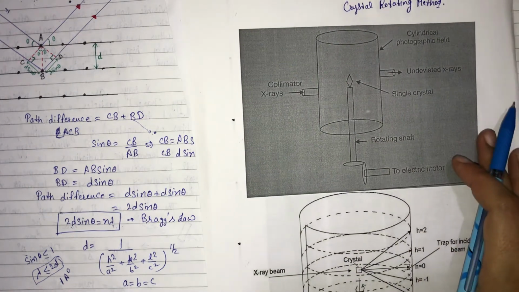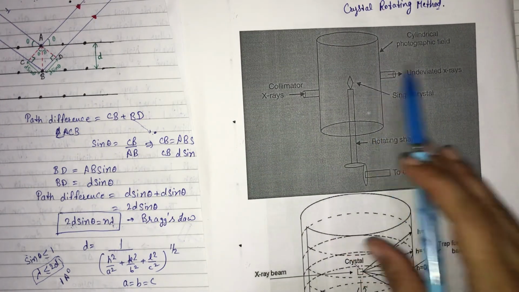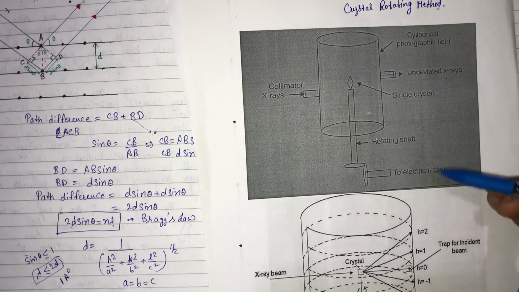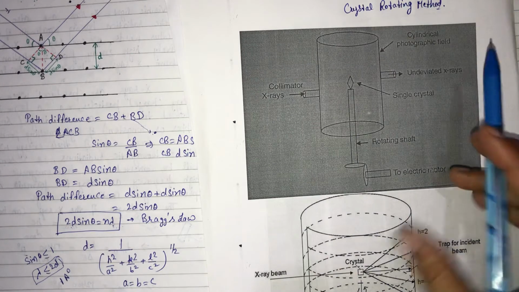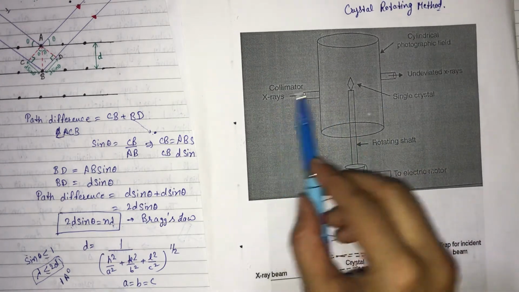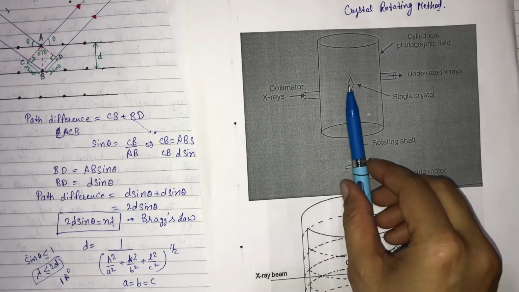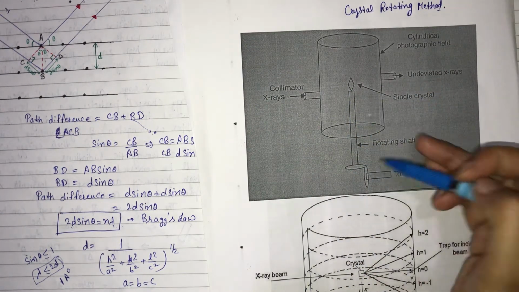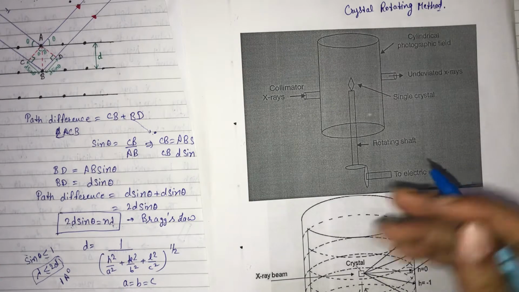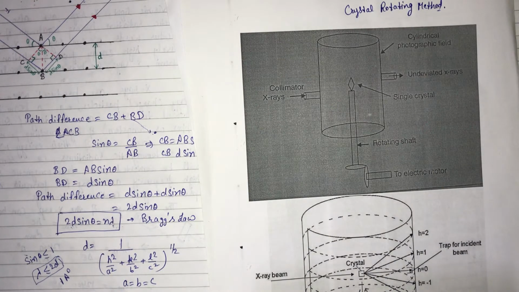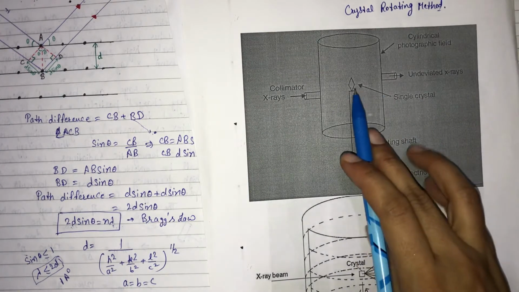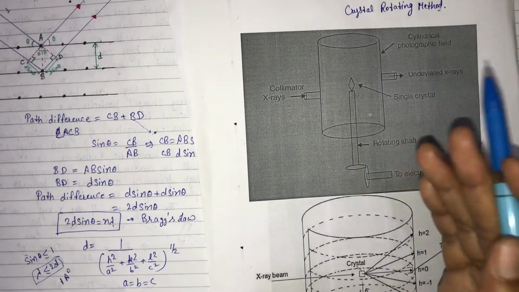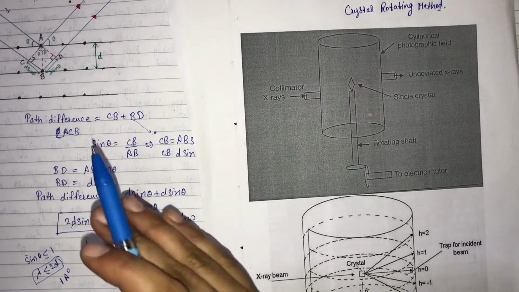So a single-wavelength X-ray beam is used to study this crystal. But now the single crystal is placed on a rotating shaft which is rotated with the help of an electric motor. If lambda is fixed, theta is changing as the sample is on a rotating shaft. For a single wavelength, this rotation presents different planes in front of the X-ray beam.